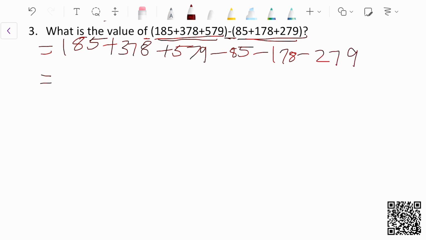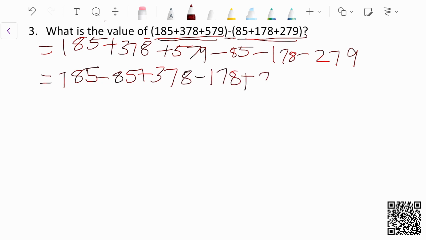So now we can use the commutative property and shift these numbers around. So as you guys can see here, we can pair the friendly numbers with the friendly numbers, like 85, 85, 78, 78, 79, 79. So after we shift it, it should look like 185 subtract 85 plus 378 subtract 178 plus 579 subtract 279.